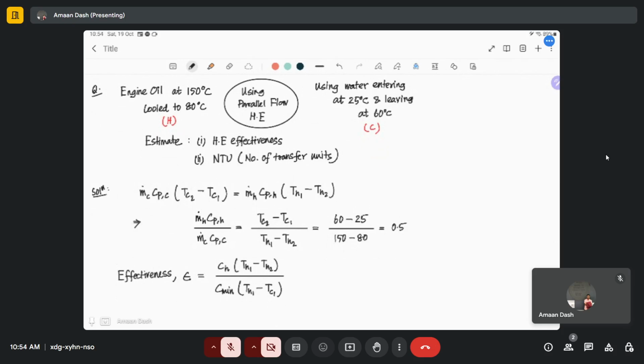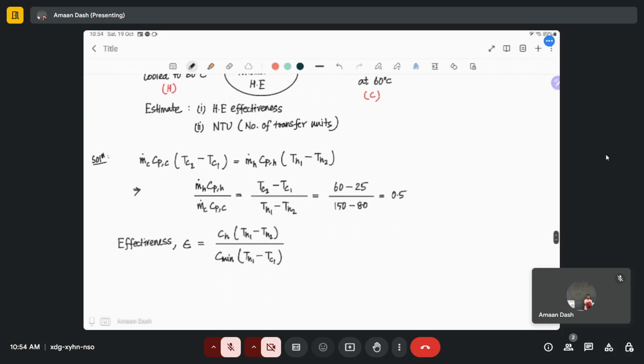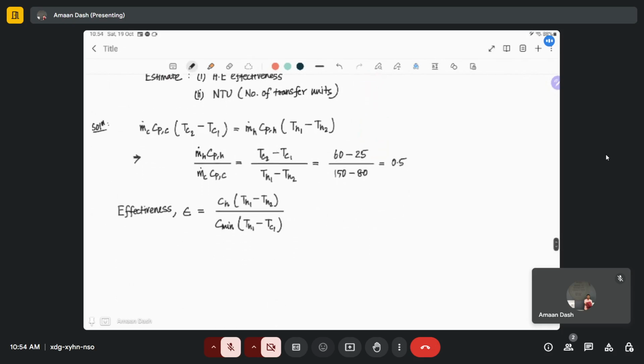Okay. So the C minimum is same as that of CPH because the ratio is 0.5.